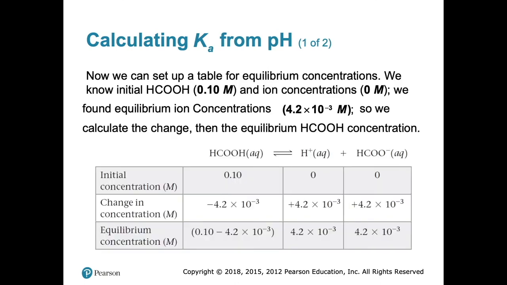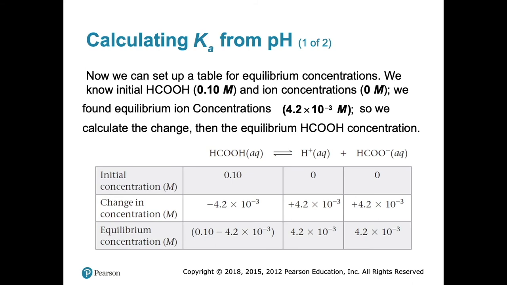So then we take it to our ice table. Oh, you thought we were done with ice tables, didn't you? You thought that in solution equilibrium we did ice tables, but we're done with them now. No, we're not done. So now we can set up our ice table, where we know the initial concentration of the formic acid is 0.1 molar, and the ion concentrations in the beginning are 0 molar.